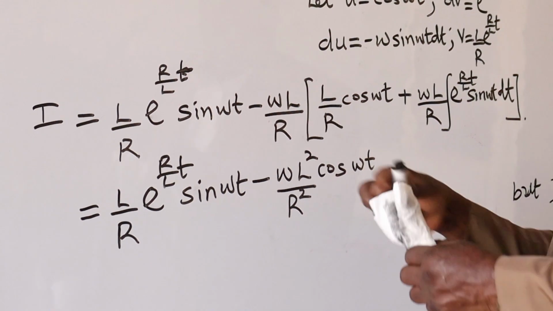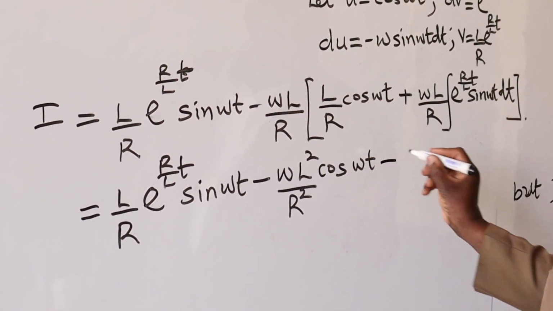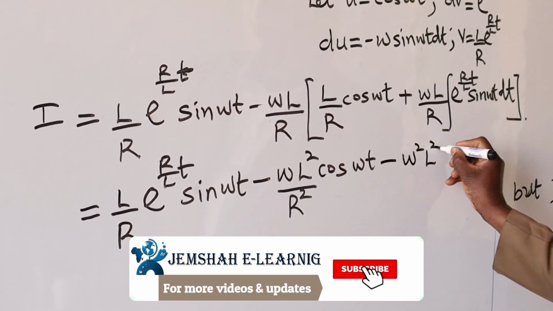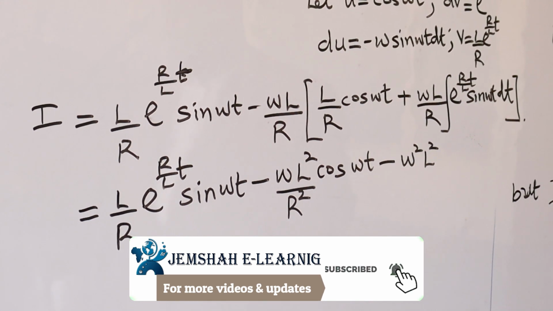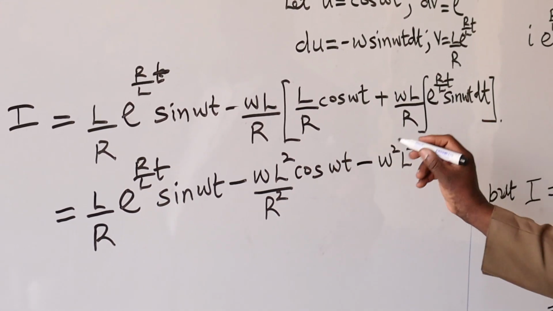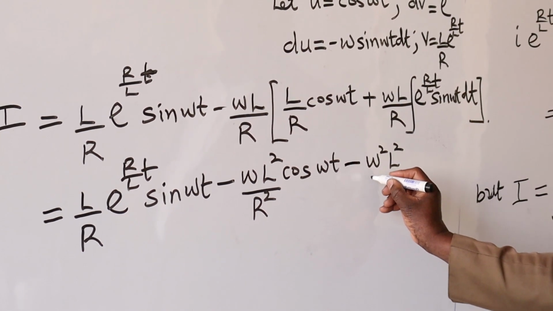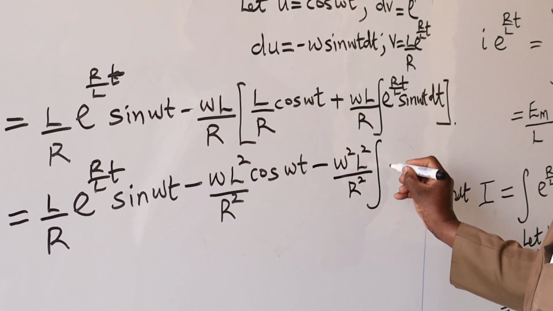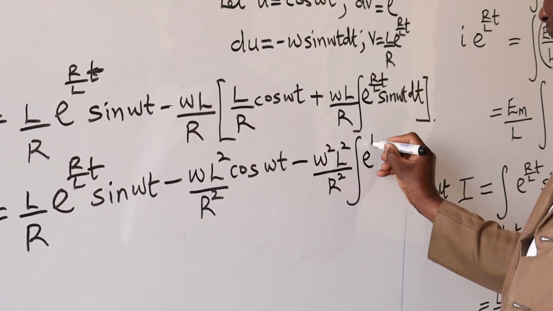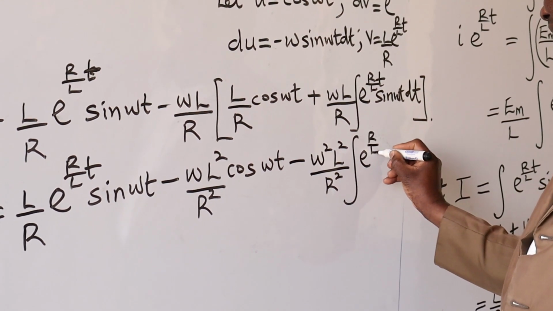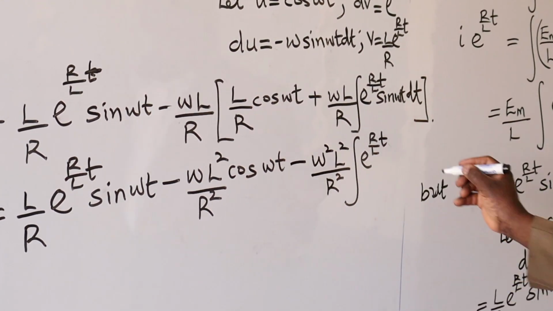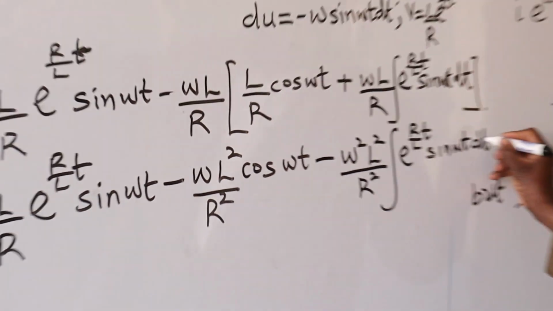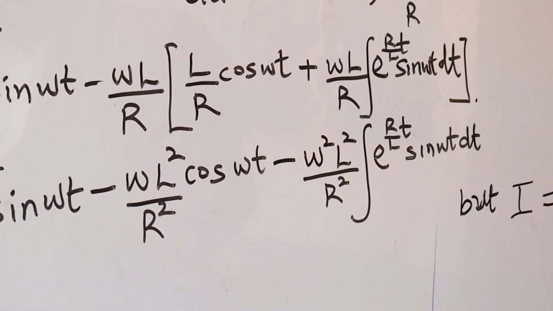Now all will be negative terms. This will be a minus omega squared L squared all over R squared, then the integral of e power R all over L t sine omega t dt.